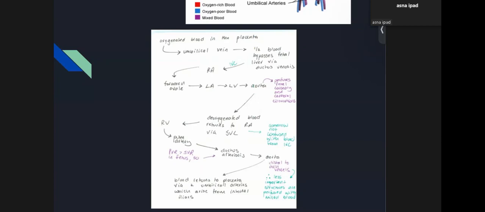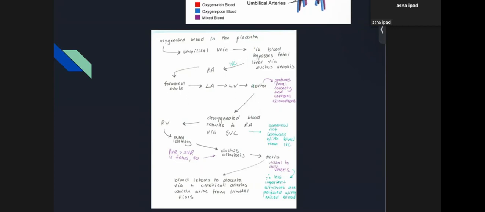Now, the blood coming from the SVC and the IVC, apart from the ductus venosus, from the other organs, enters the right atrium, goes into the right ventricle, then the pulmonary artery, and from there it shunts, because pulmonary vascular resistance is more than systemic resistance. It shunts blood into the descending aorta via the ductus arteriosus, and from there supplies the torso and extremities. So basically, the blood that the torso receives is mixed blood.